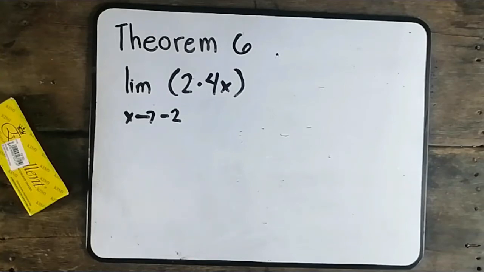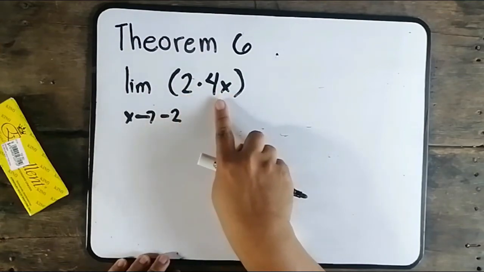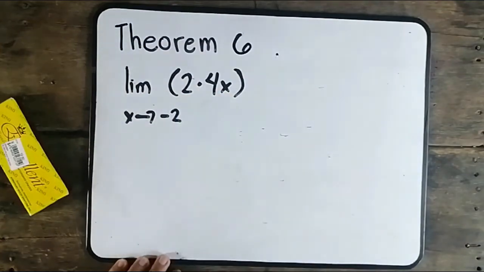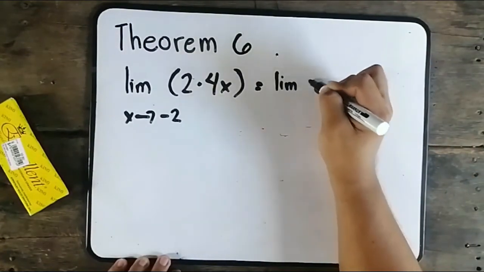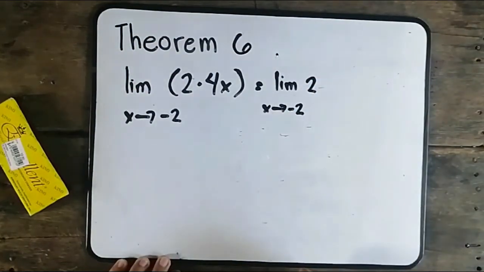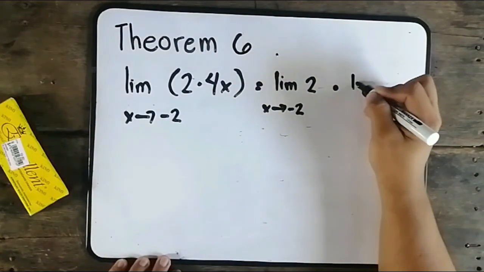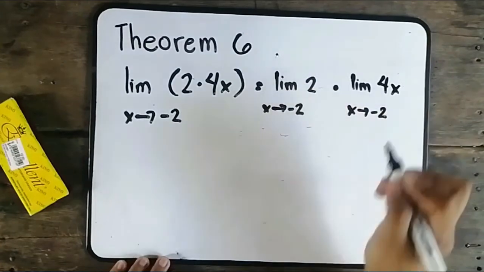For the purpose of illustration, let's consider this limit of a function. So we have the limit of 2 times 4x as x approaches negative 2. So our first function is 2. And our second function is 4x. By limit theorem number 6, we can actually separate that. So we have the limit of 2 as x approaches negative 2 times the limit of 4x as x approaches negative 2.